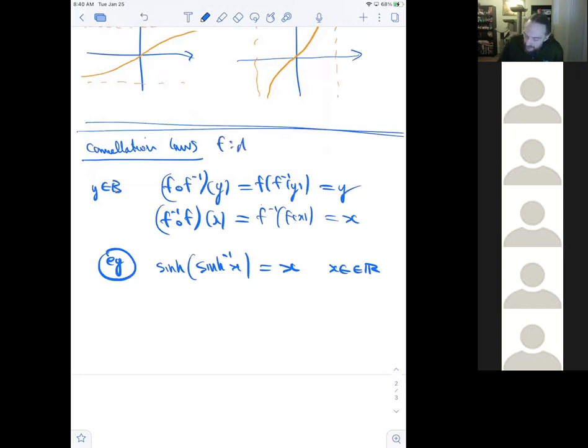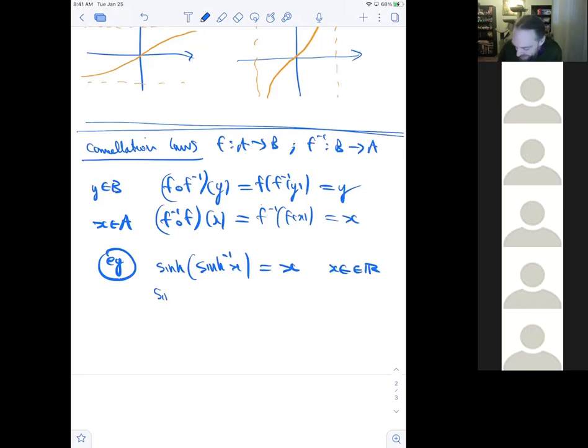So f is going from A to B, means that f inverse goes from B to A. And so if you're doing f inverse first, then you have to go from B, and this would be for x in A. Sine hyperbolic is nice because it's the only one that goes from R to R, so there is no restriction in the domain.